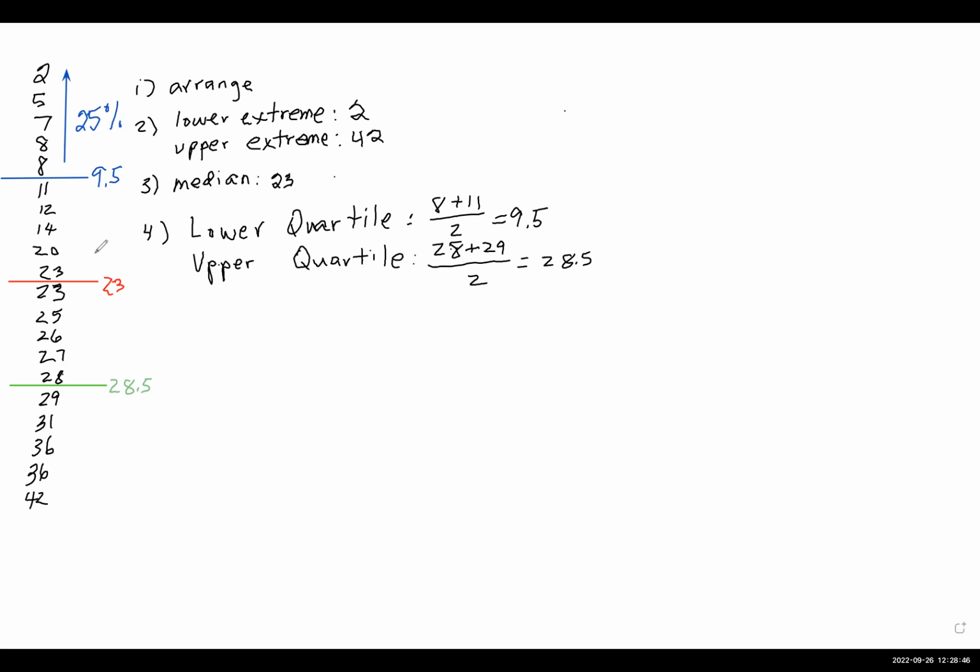Then we could say, how much of the data falls below the median? Well, just from that 23 and below, how much of the data is that? 50%. Yeah, half of it, right? Exactly right.